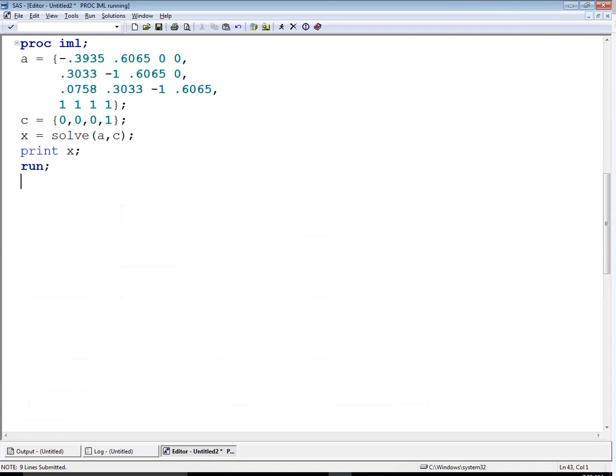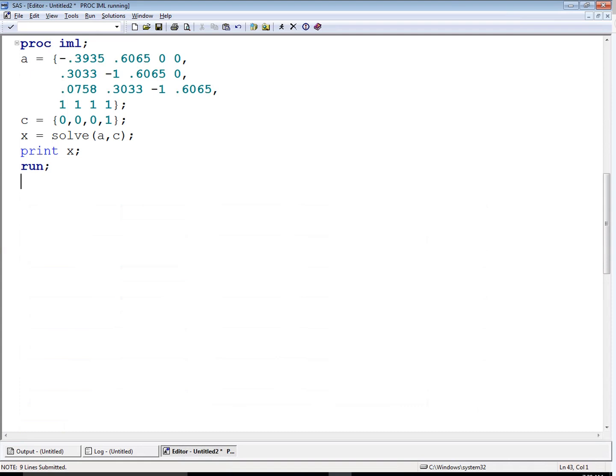Are we starting to see it? Plus 0.6 pi 3 plus 0 pi 4. And then the last one is what? We got 1, 1, 1, 1. That's pi 1 plus pi 2 plus pi 3 plus pi 4, and that sum equals 1, which is why we have a 1 there for the last element of C. All right, so we can think of that A matrix as one side of the equation, the side where we have all the coefficients that are multiplied by our pi's.